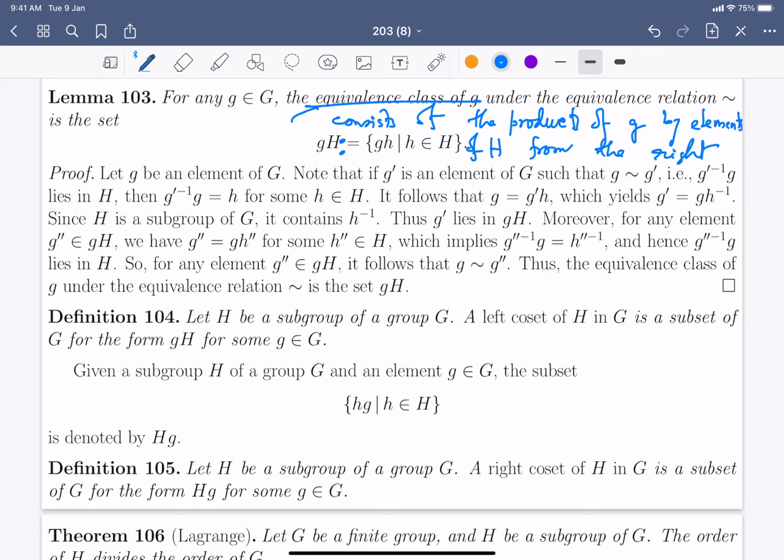So this equivalence class of g consists of the products of g by elements of H from the right. Okay, great.